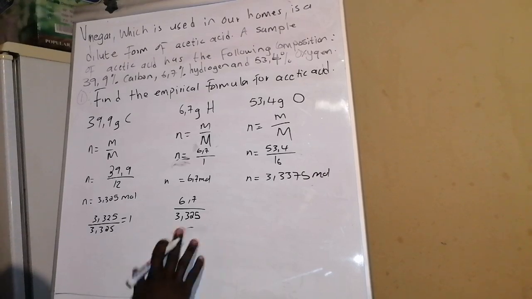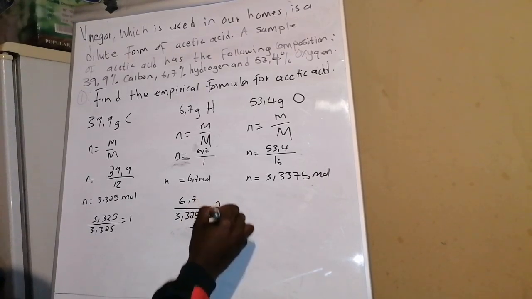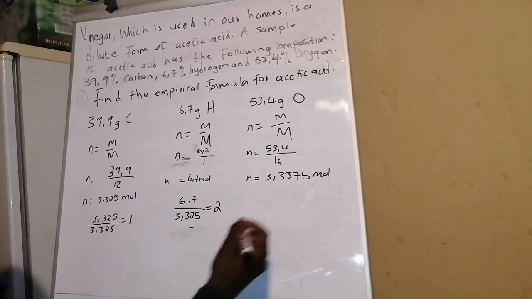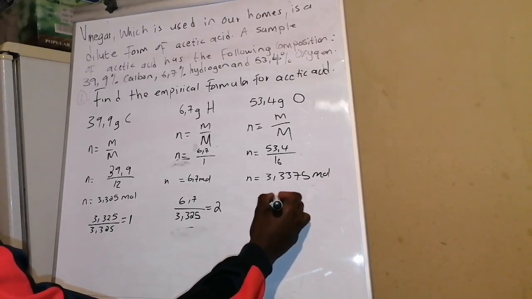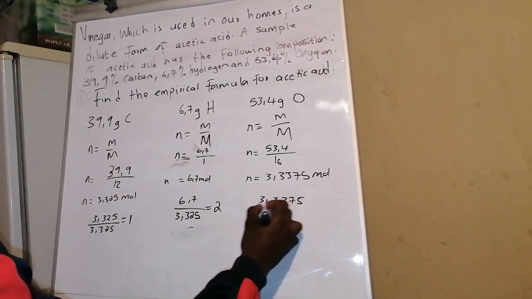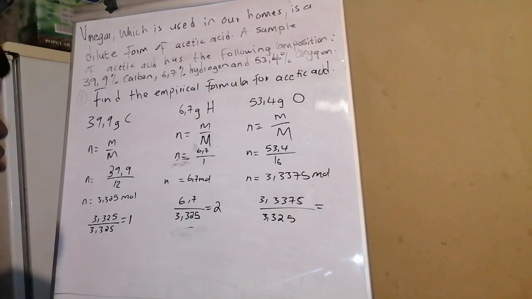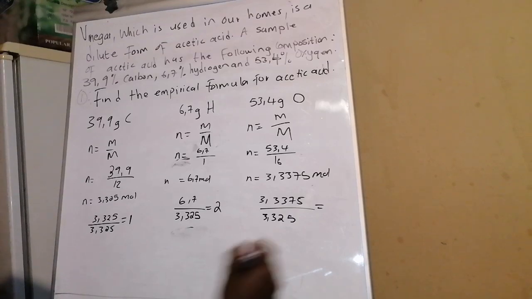Let me just write it like this, 2, for the pattern to continue. Now 3.3375 divided by 3.325, we get 1.